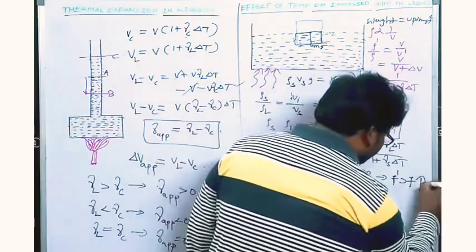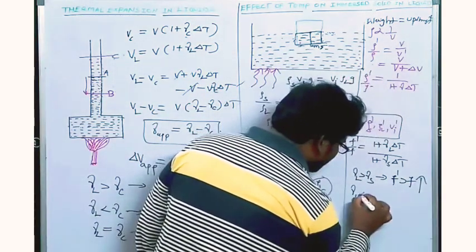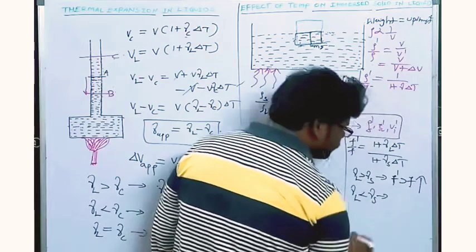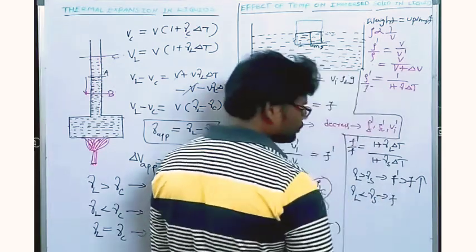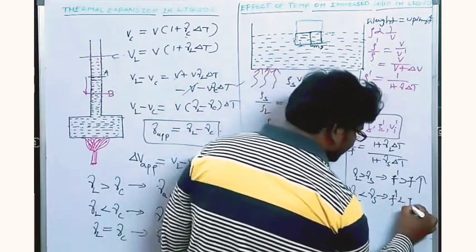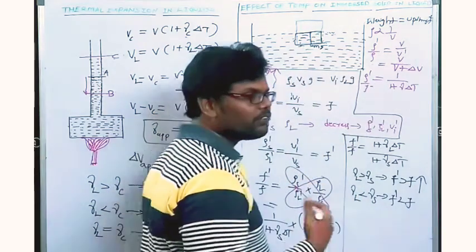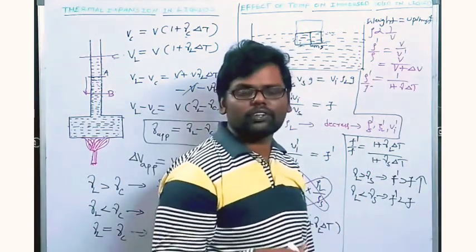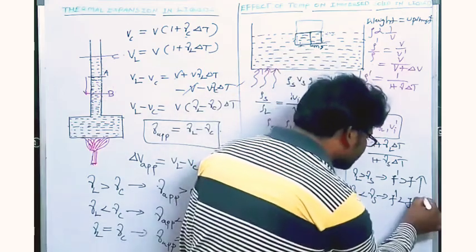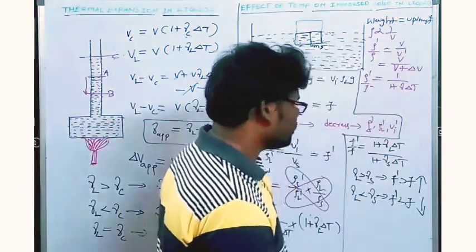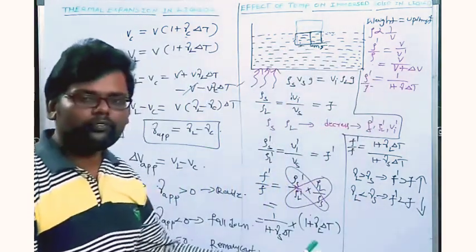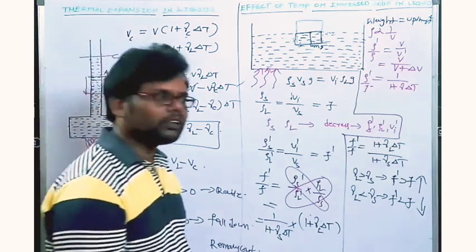Now if gamma L is less than gamma S, in this situation F dash is less than F, and the fraction of immersed volume of the solid will decrease, isn't it? This thing you need to concentrate on, right?